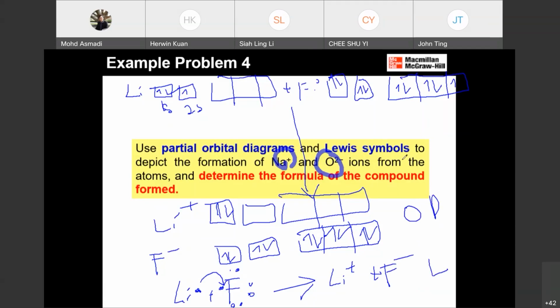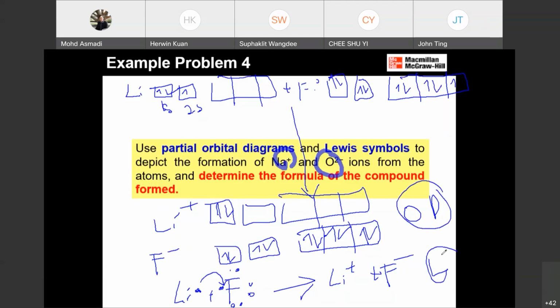Can you do it? I give you 5 minutes. Easy, easy. Na2O. Of course, Na2O. But I told you you have to use a partial orbital diagram and Lewis symbol to depict the formation of Na plus and O2 minus.